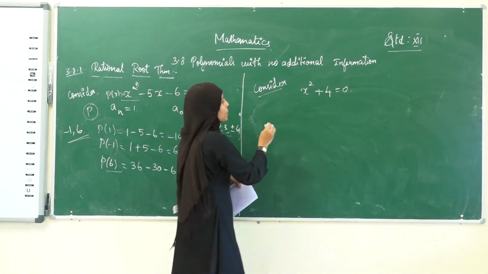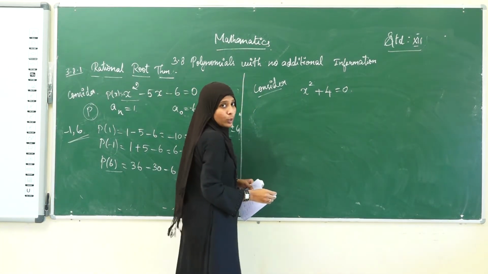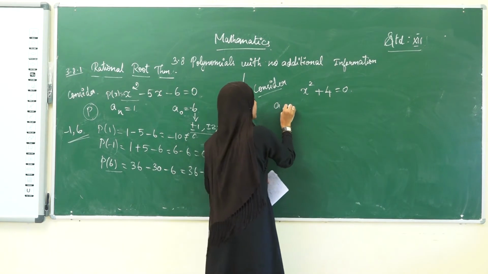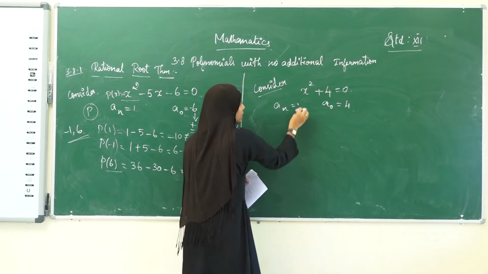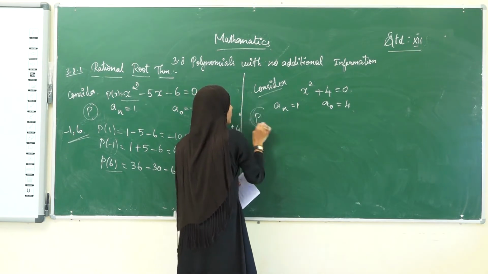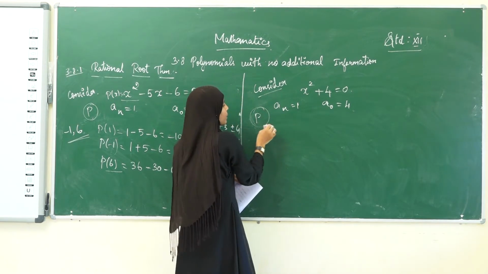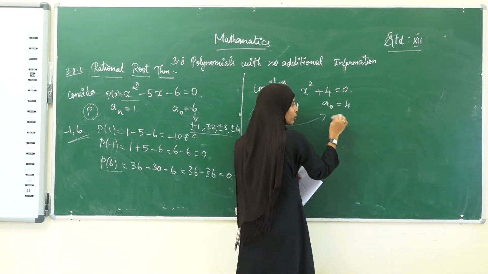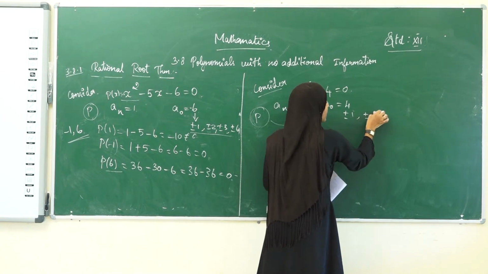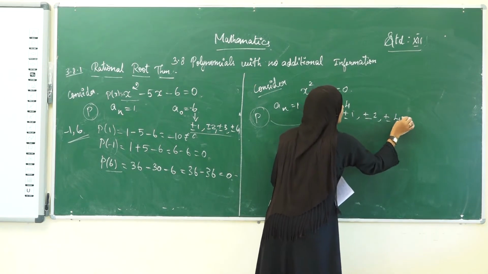Let us see here. x square plus 4 is equal to 0. The value of an is equal to 1. The value of a naught is equal to 4. Since this is 1, the root will be of the format p, which is the factor of a naught. The factors of 4 are plus or minus 1, plus or minus 2, plus or minus 4.